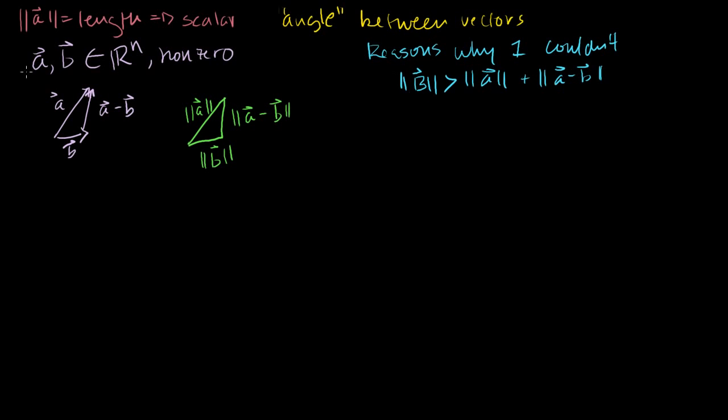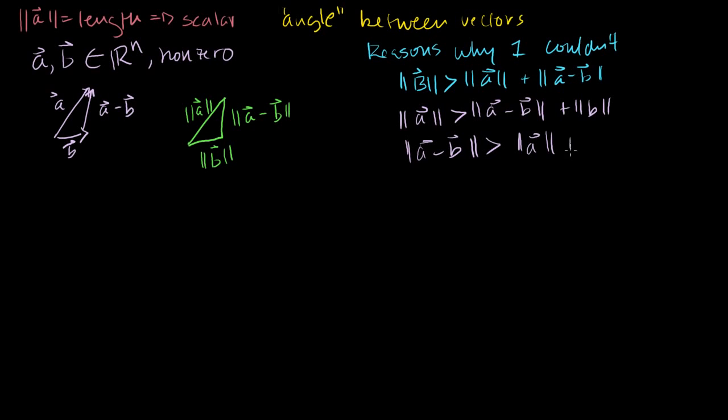Let me make the point clear. I could show that if a for whatever reason was greater than the other sides plus b, then I wouldn't be able to create a triangle. And the last one, of course, is if a minus b for whatever reason was greater than the other 2 sides, I just wouldn't be able to draw a triangle in a plus b.